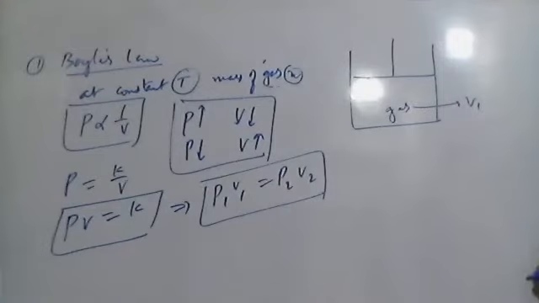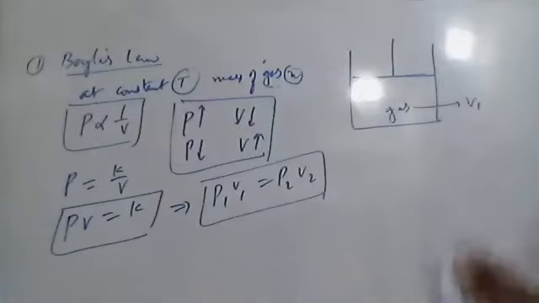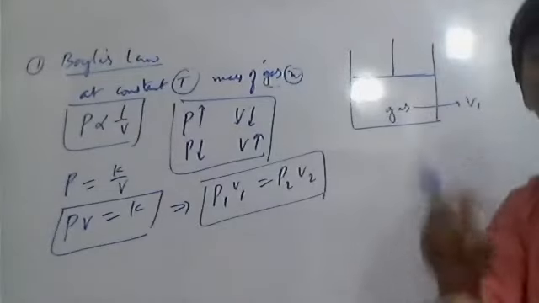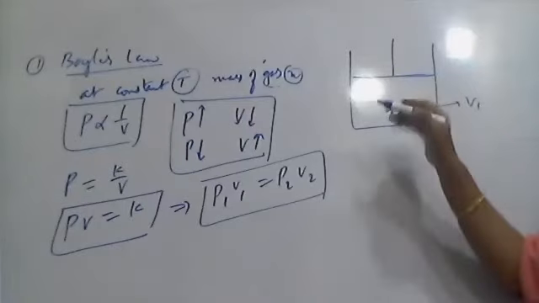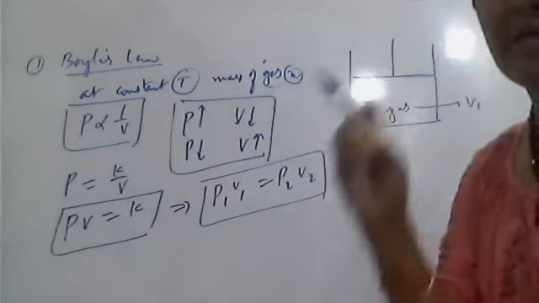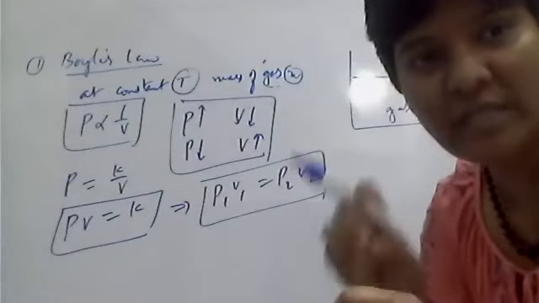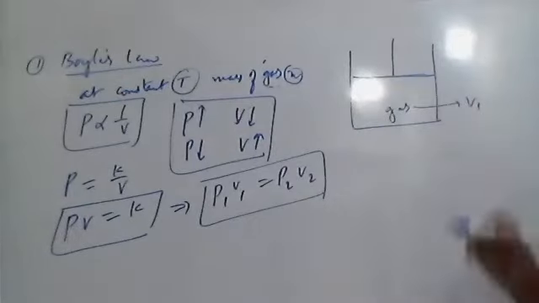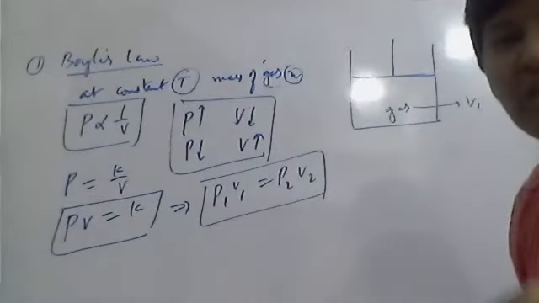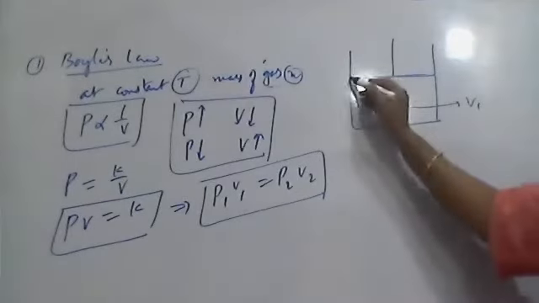The container is fitted with a cap or lid, and this lid is frictionless. Frictionless means it moves easily up and down, like the syringe in an injection. Such a lid is called frictionless, and it is called a piston.